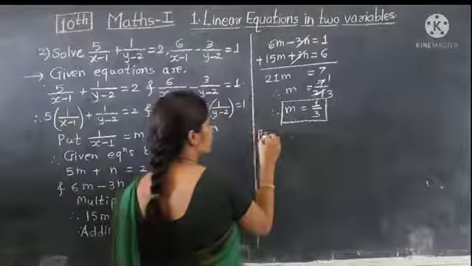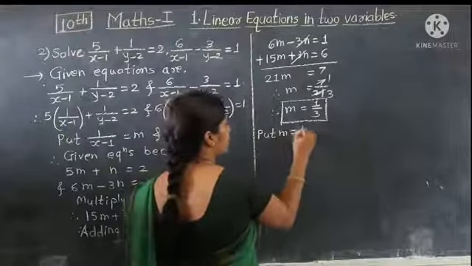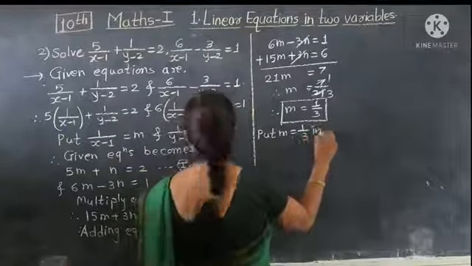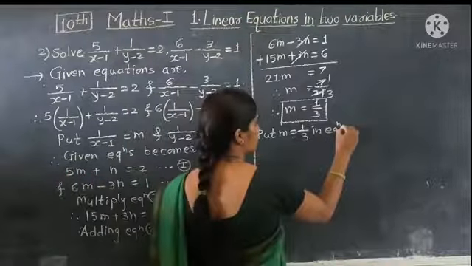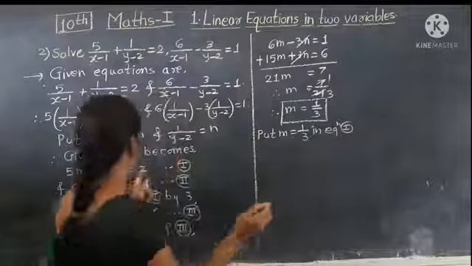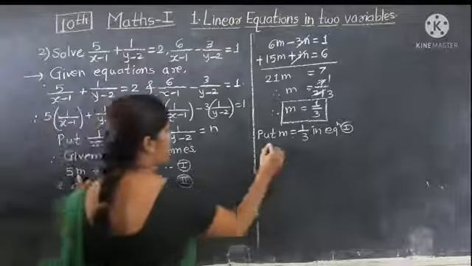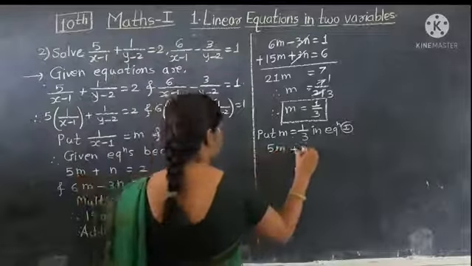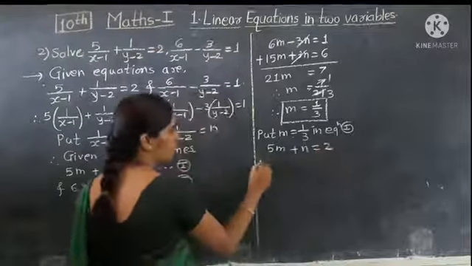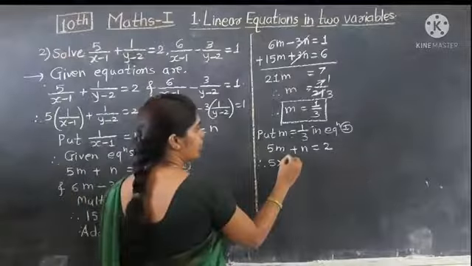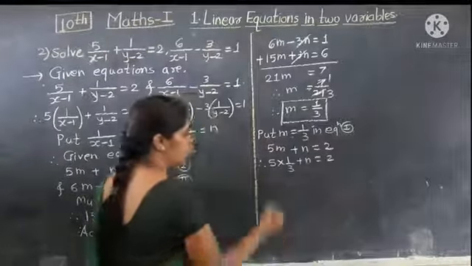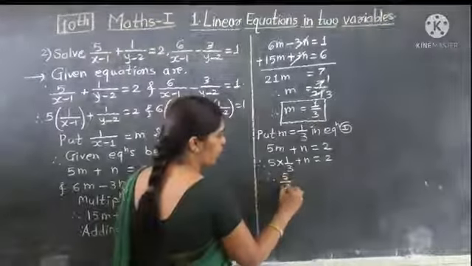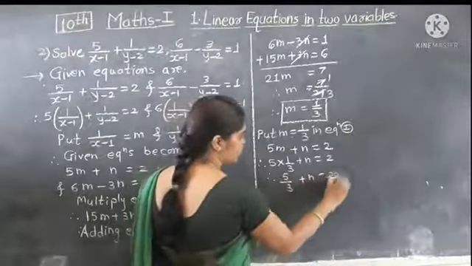Now put m is equal to 1 upon 3 in the first equation. What do we get? Equation first we write as 5m plus n is equal to 2. Therefore 5 into, what is the value of m? 1 upon 3, plus n is equal to 2. 5 upon 3 plus n is equal to 2.